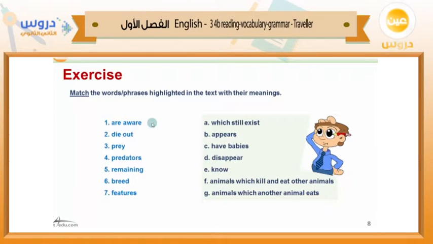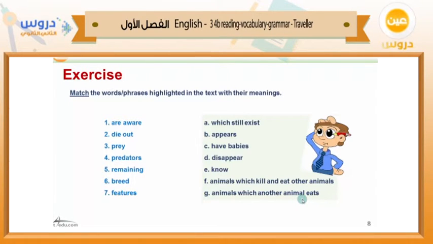You remember we had the first one, which was are aware of something. 2, die out. 3, prey. 4, predators. 5, remaining. 6, breed. And 7, features. And to the right, their meanings are A, which still exist, B, appears, C, have babies, D, disappear, E, know, F, animals which kill and eat other animals, and G, animals which another animal eats.